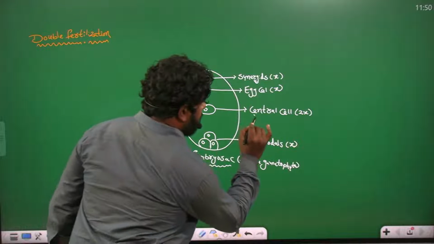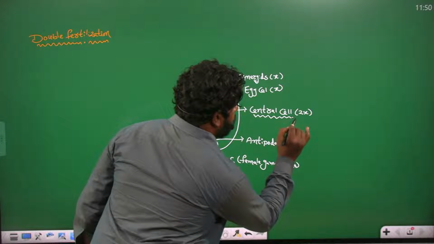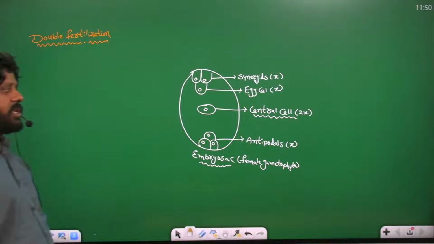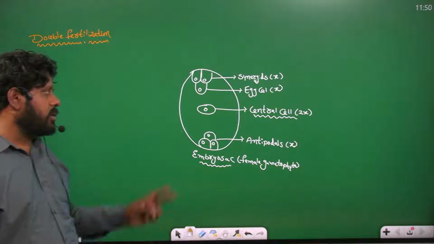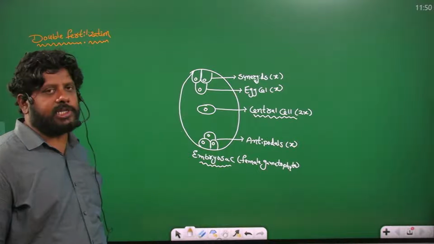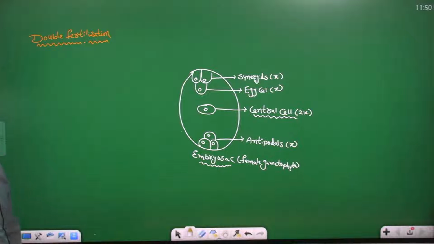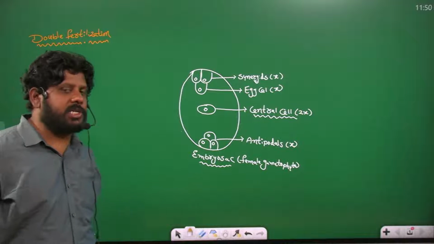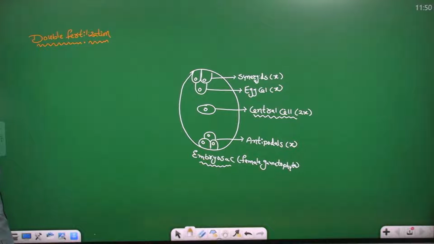Why is the central cell present in diploid condition? Because the central cell consists of 2 polar nuclei. That's why it is present in diploid condition.